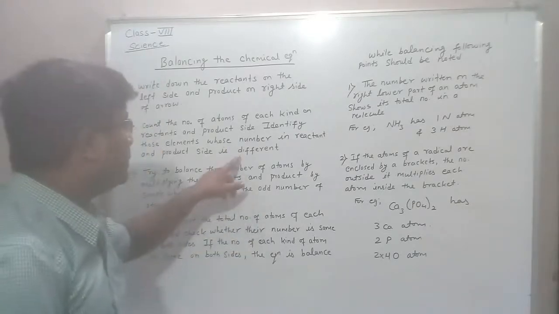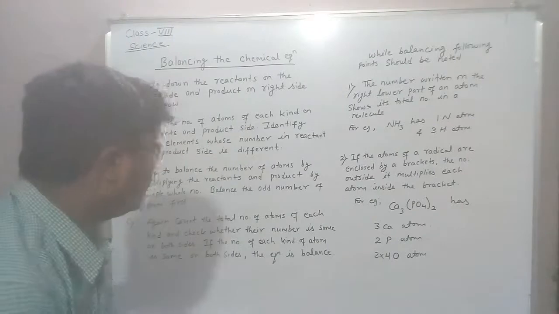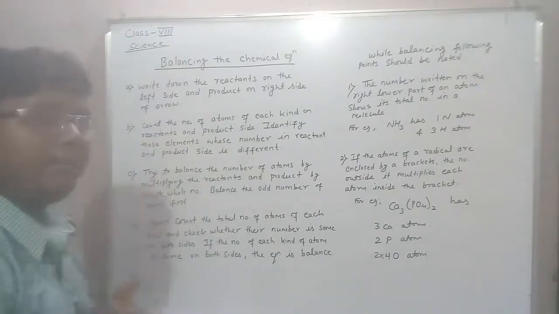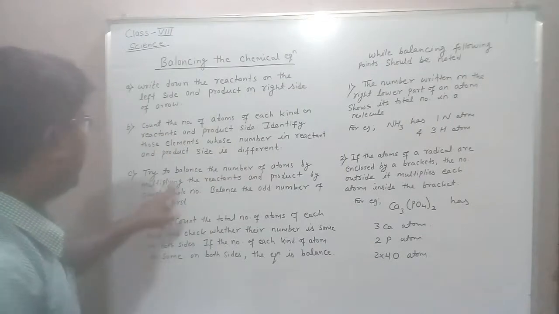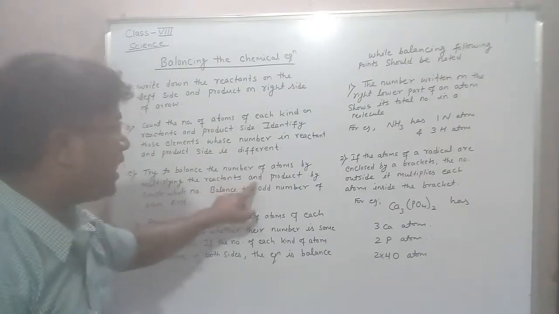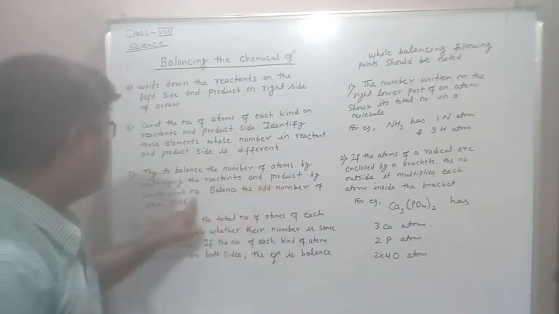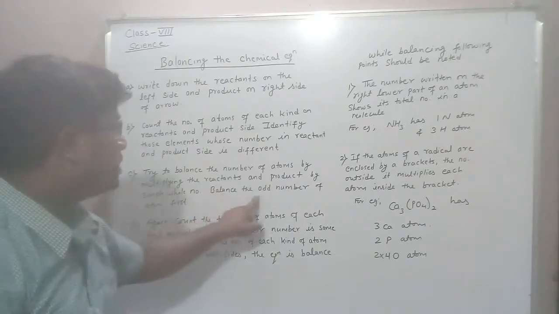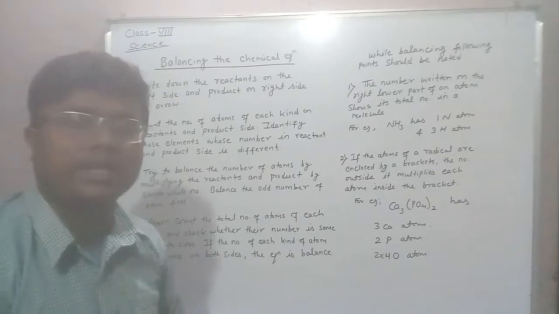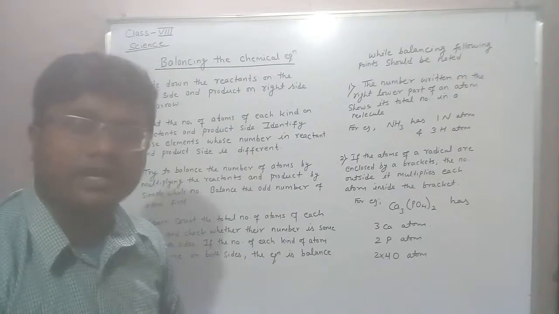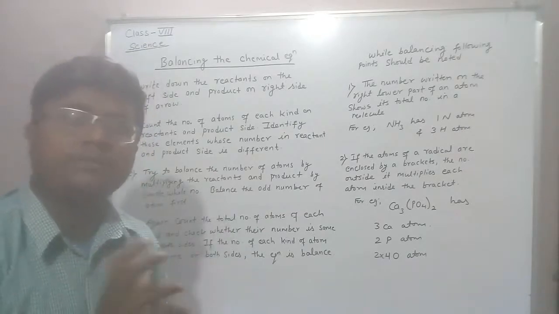After noting down the different numbers, you now have to try to balance the number of atoms by multiplying the reactants and products by a simple whole number. Balance the odd number of atoms first.